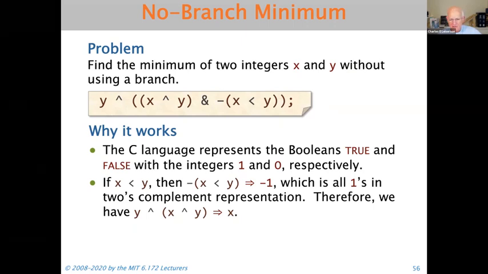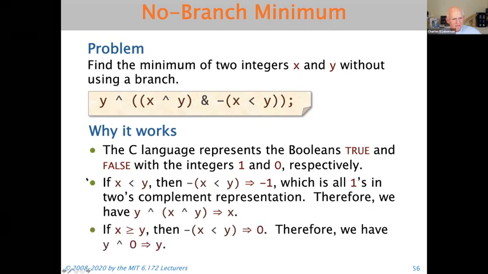So in that case you just get y. So we get y XOR 0, which is y. Amazing. Okay, a real hack.